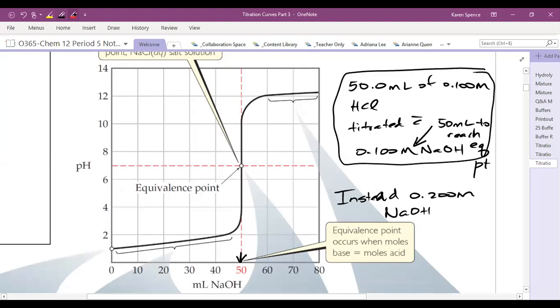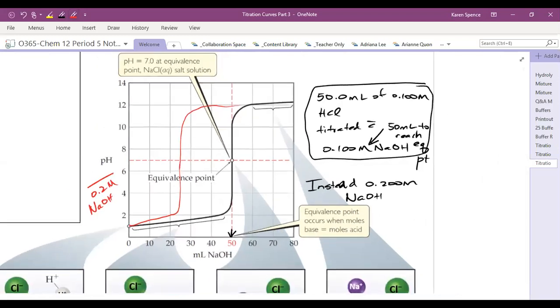So our curve with the 0.2 molar NaOH would look exactly the same, except that this vertical section would occur at the 25 milliliter mark. Okay, there we go. Something like that. Very good. Why is it half as much? Because we doubled the concentration.